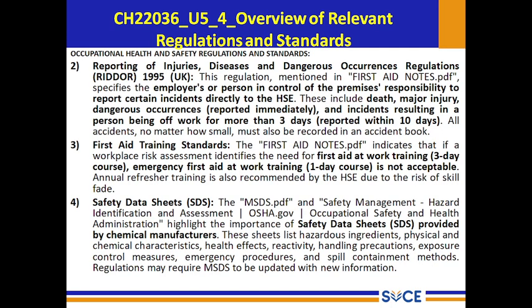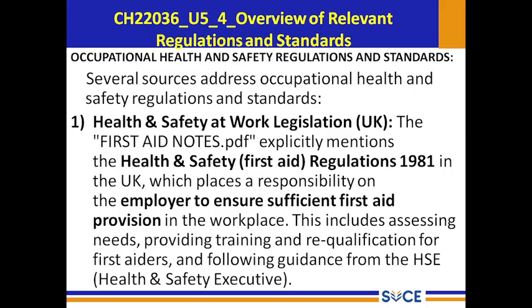This is RIDDOR 1995, UK. This regulation specifies the employer or person in control of the premises responsibility to report such incidents directly to the HSE. HSE, as we have just seen, is the Health and Safety Executive.